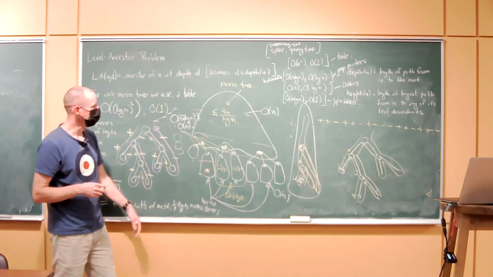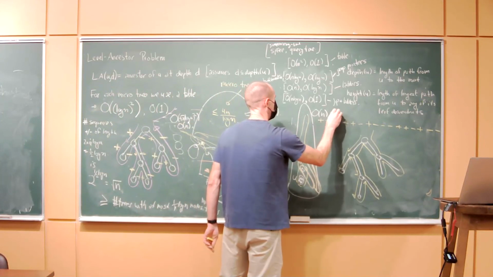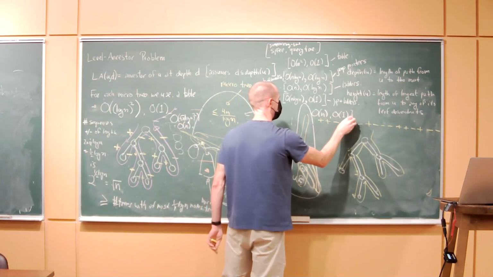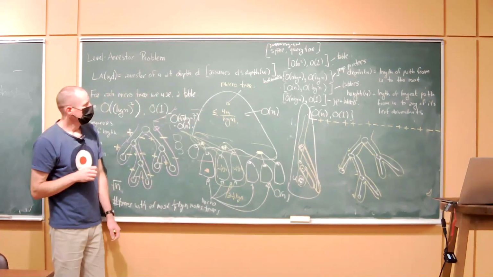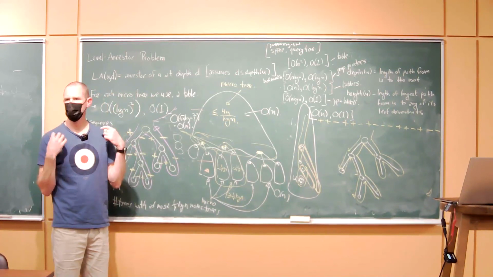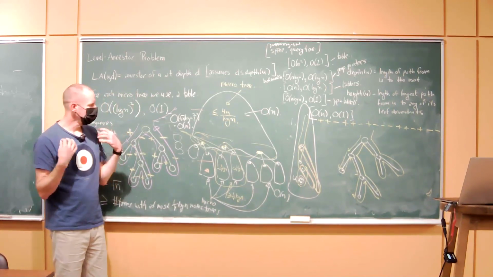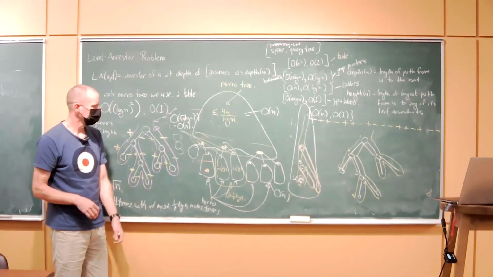So in total, that's O of n space and constant query time. So put all of these beautiful ideas together in these clever ways, and you get something that is optimal.